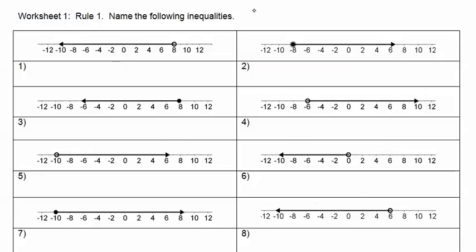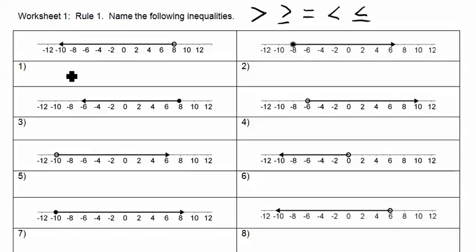The symbols we're going to use are greater than or equal to, equal, less than or equal to. So this one is going to be x. Now later on we're going to be doing x and y, but right now we're just practicing with just x.